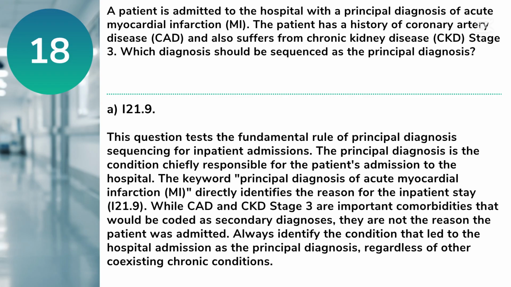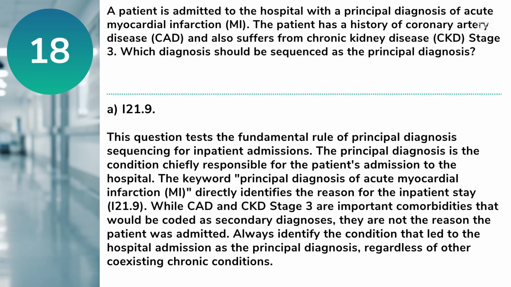Answer: A. I-21.9. This question tests the fundamental rule of principal diagnosis sequencing for inpatient admissions. The principal diagnosis is the condition chiefly responsible for the patient's admission to the hospital. The keyword principal diagnosis of acute myocardial infarction, MI, directly identifies the reason for the inpatient stay, I-21.9.